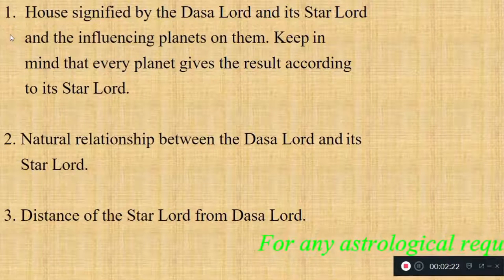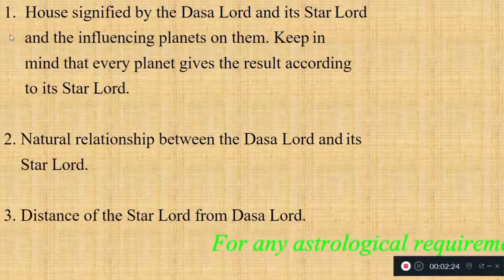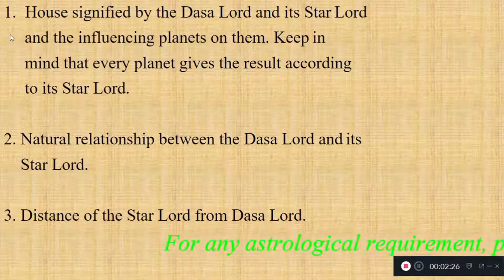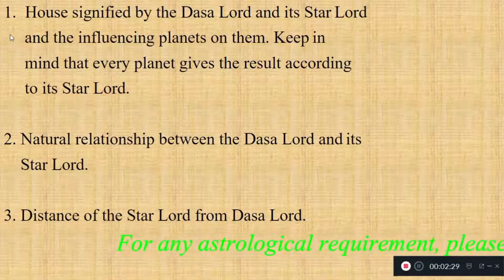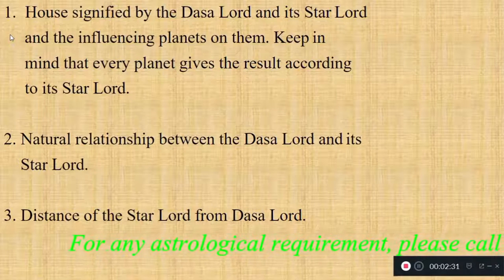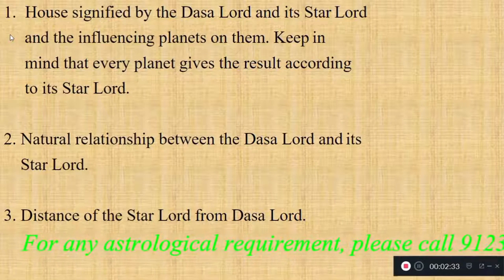Point number 1, house signified by the Dasha Lord and its star lord and the influencing planets on them.